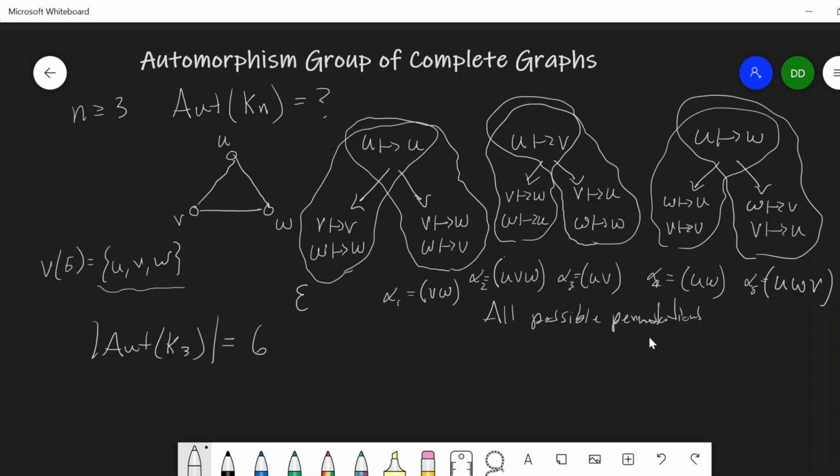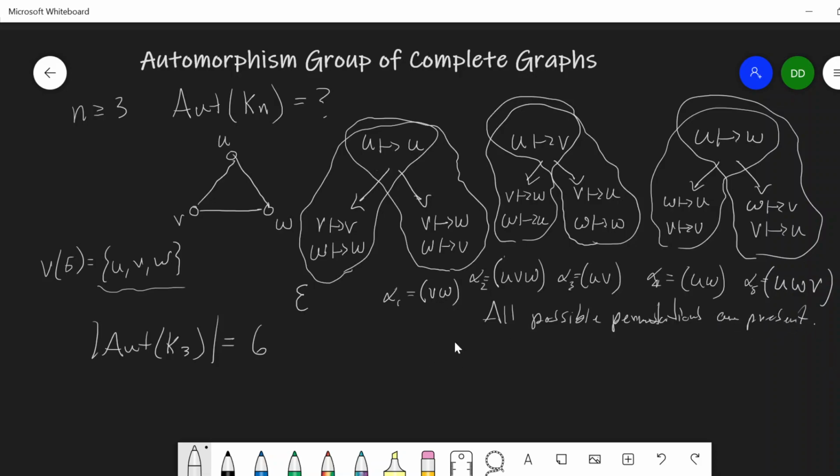By permutation here I mean a bijection from {U, V, W} back to itself. That is, every possible way to rearrange the vertices in the graph is present here.